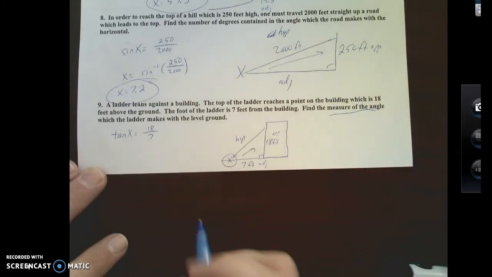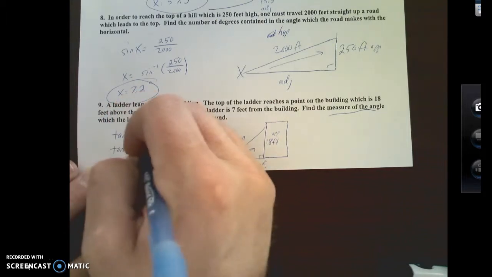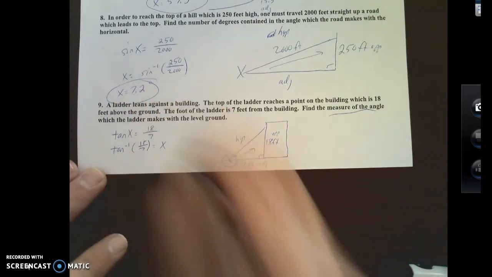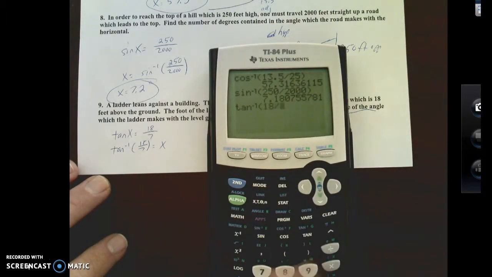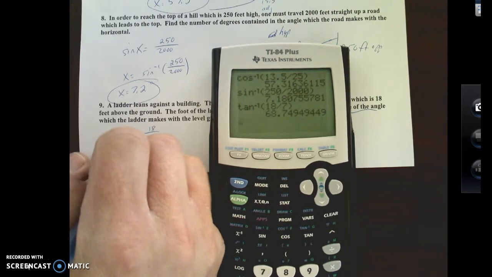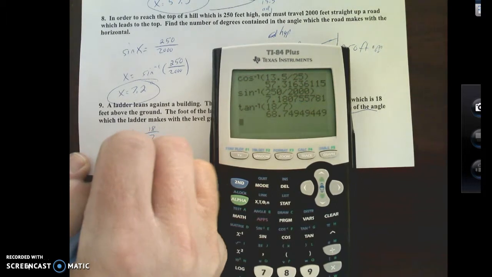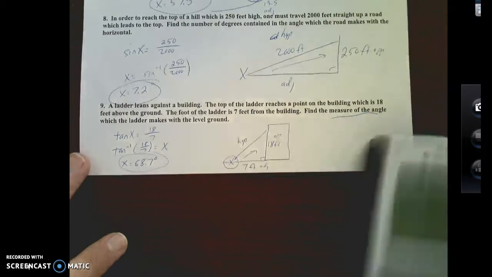When I'm trying to find the angle, that's when we use the inverse. Second tan, 18 divided by 7. 68.74. 68.7 degrees. And you're all good.